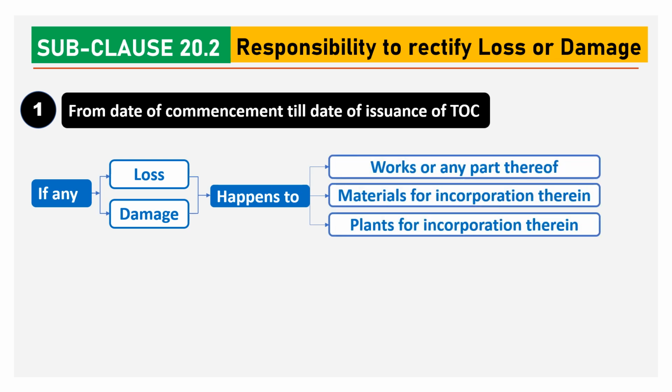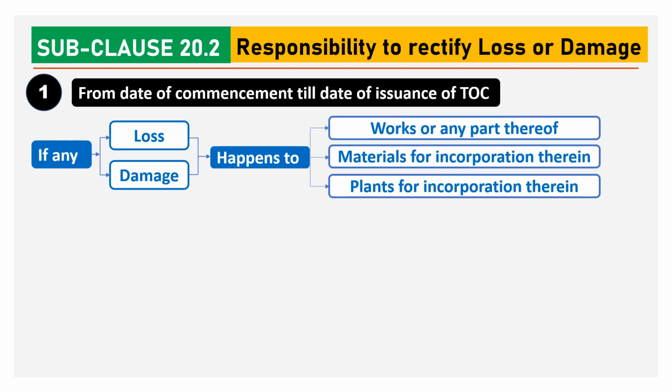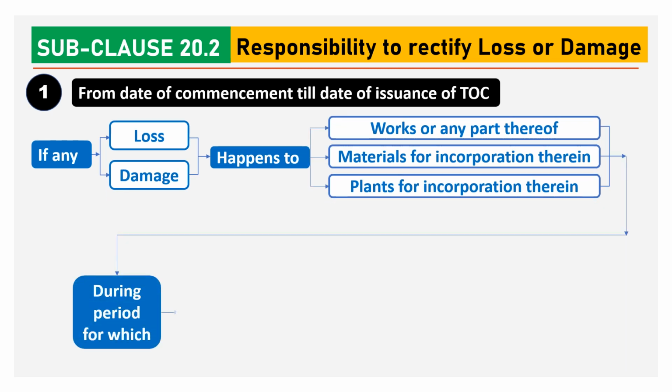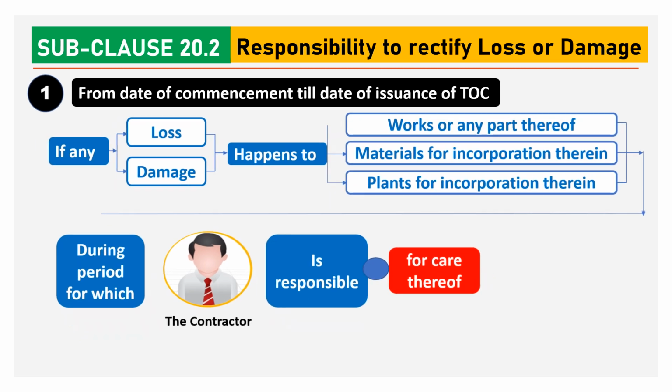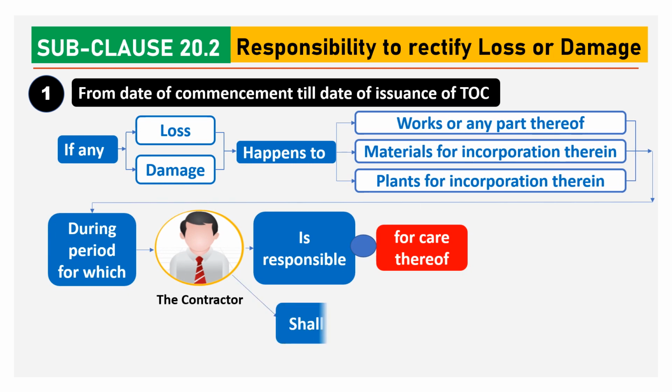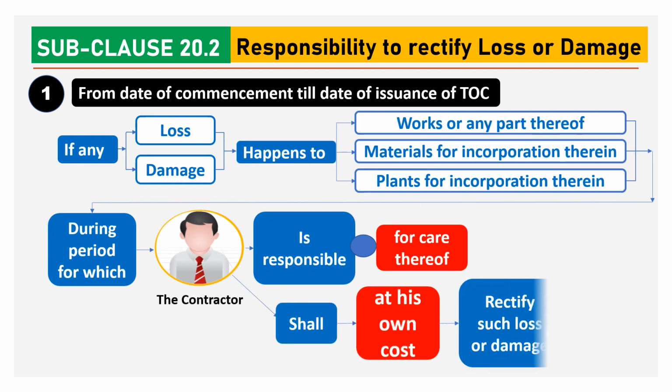If loss or damage happens to works or any part thereof, materials for incorporation therein, plants for incorporation therein, during the period for which the contractor is responsible for care thereof, the contractor shall at his own cost rectify such loss or damage.